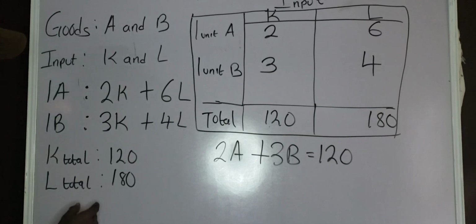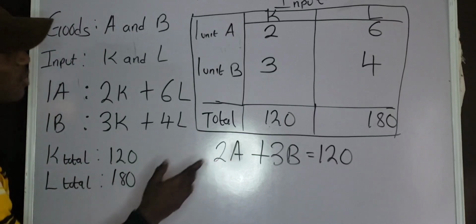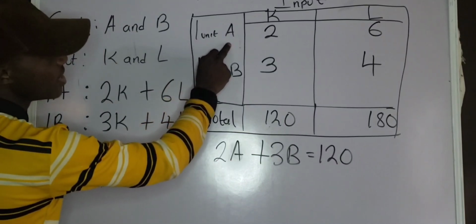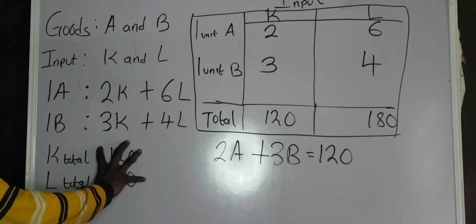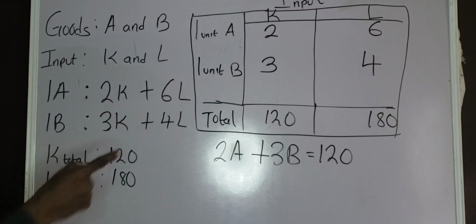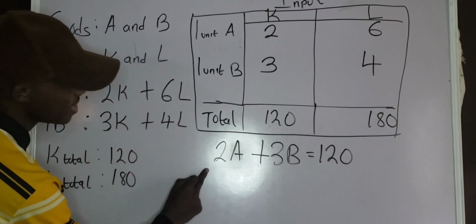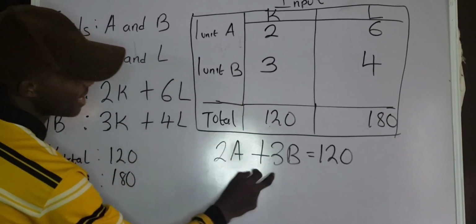Don't forget that the total inputs given for K and L are 120 and 180. To form our equation, 1 unit of A requires 2 units of K. What I want to determine is the amount of goods A and B that the company needs to produce in order to use up all of this. So 1 unit of A takes 2 units of input K, which I represent as 2A. 1 unit of B takes 3 units of input K, which I represent as 3B.